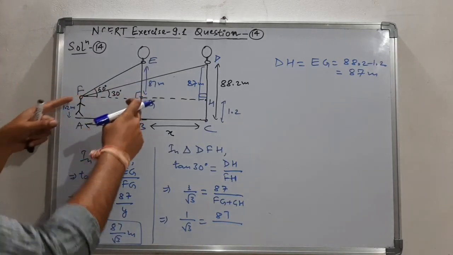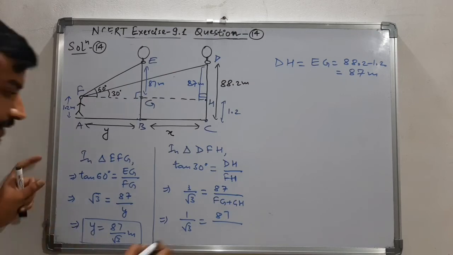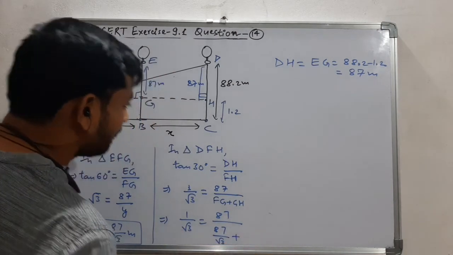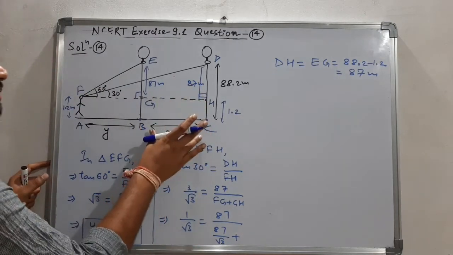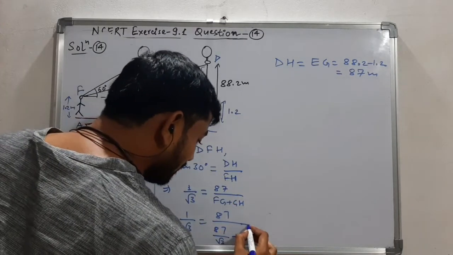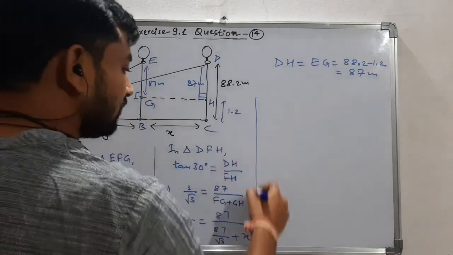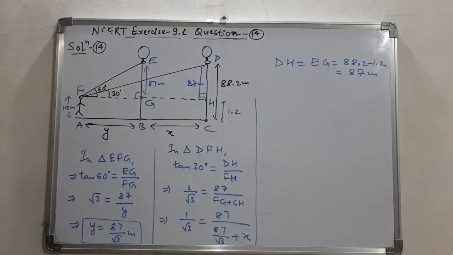FG is nothing but the distance Y, which we have calculated as 87 upon root 3, plus the distance GH, which is X, the horizontal distance moved by the balloon, which is our final requirement here. Now let us solve this question further.